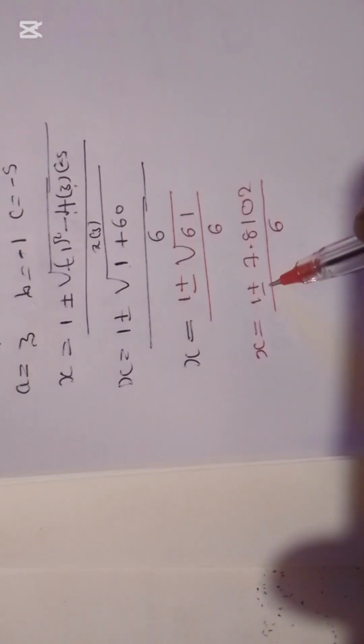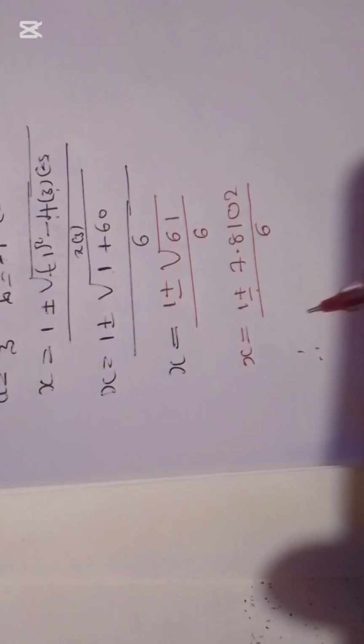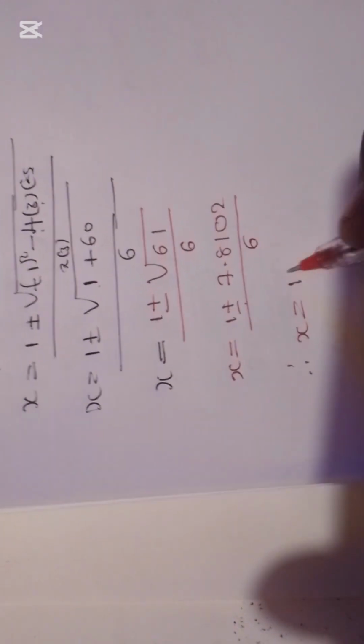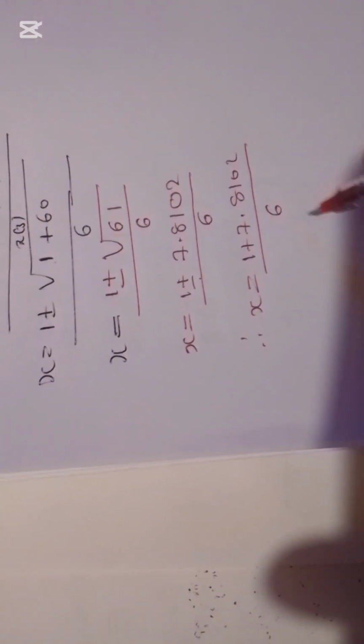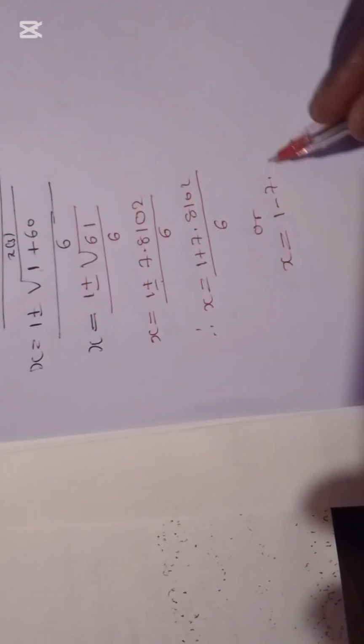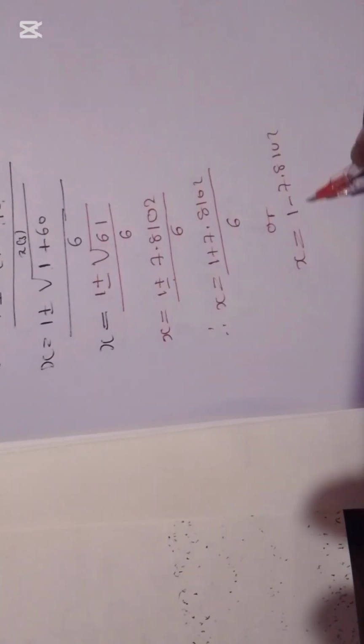Now this is positive or negative, so x will be equal to 1 plus 7.8102 over 6, or x will be equal to 1 minus 7.8102 over 6.